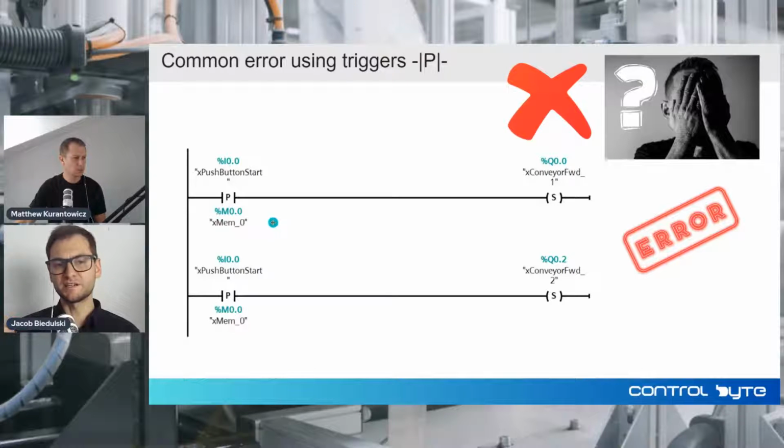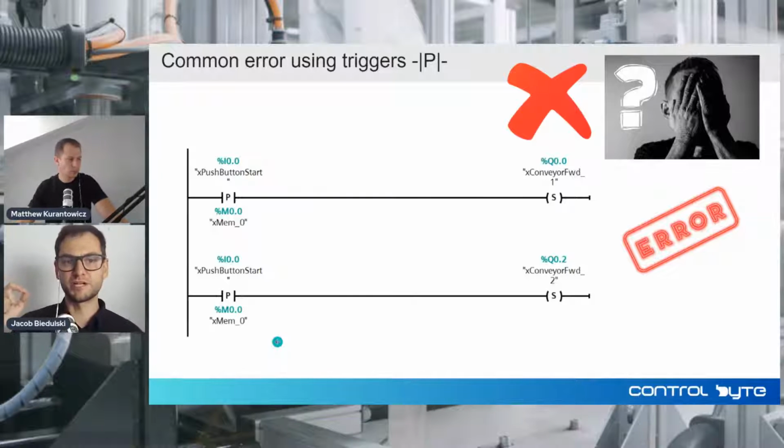And then on the second branch, the X push button start will be compared with the state of X mem0, and it was overwritten in the first network. So the second branch, the second rank, won't work. It won't detect the rising edge, the positive edge of this signal.